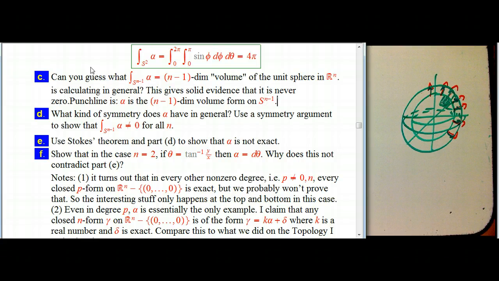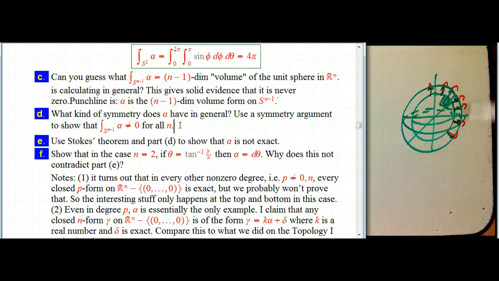Okay. Now, suppose you didn't really trust that too much, or suppose you wanted to really calculate it for general n, and we're not sure how to calculate the volume of an n-1 sphere. We can actually use a simpler argument to show that the integral is not equal to 0. Remember what the symmetry is here.